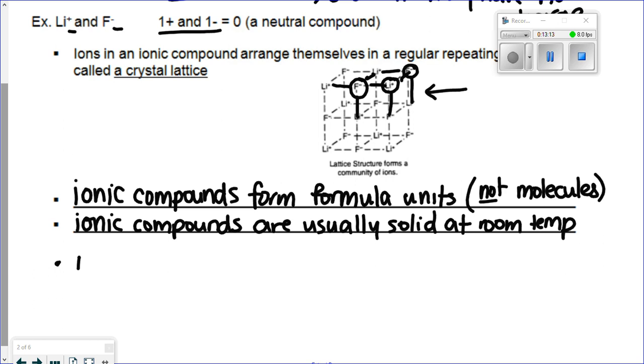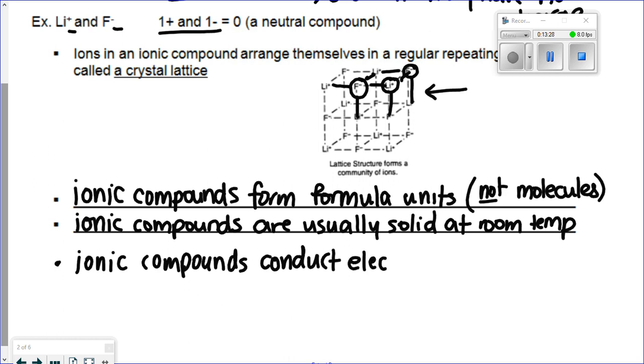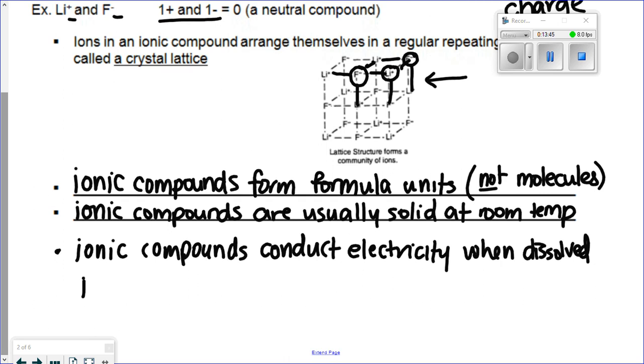Ionic compounds conduct electricity when dissolved in water. And when something is dissolved in water, we call that an aqueous solution.